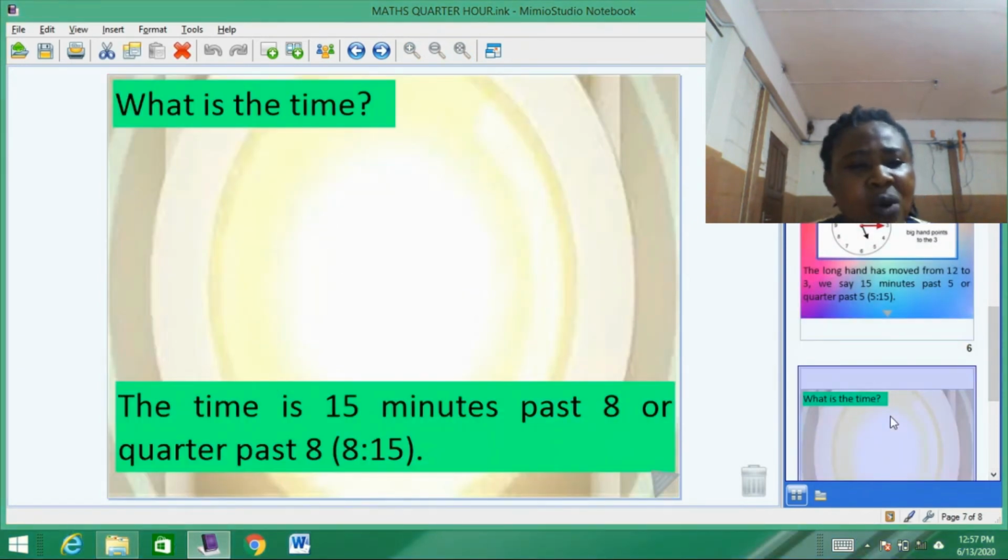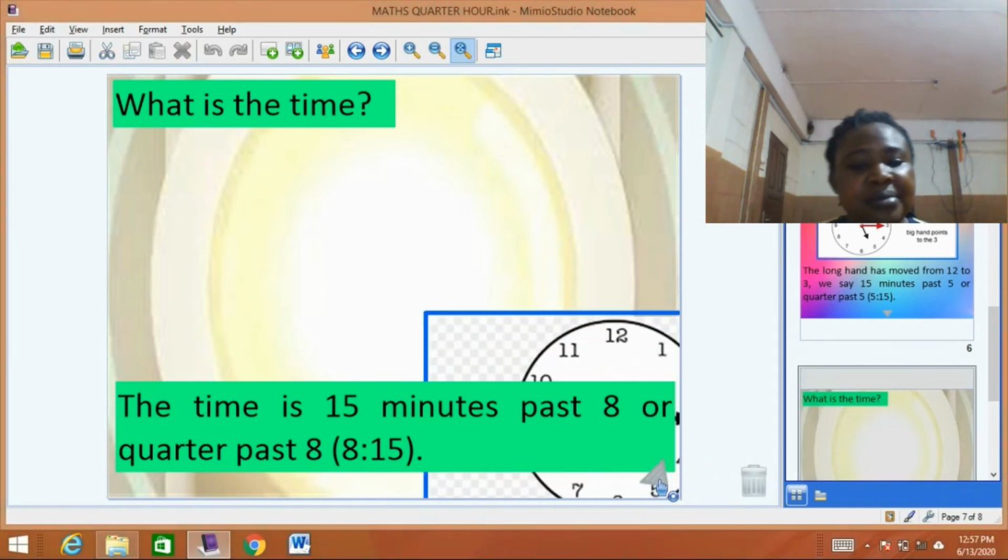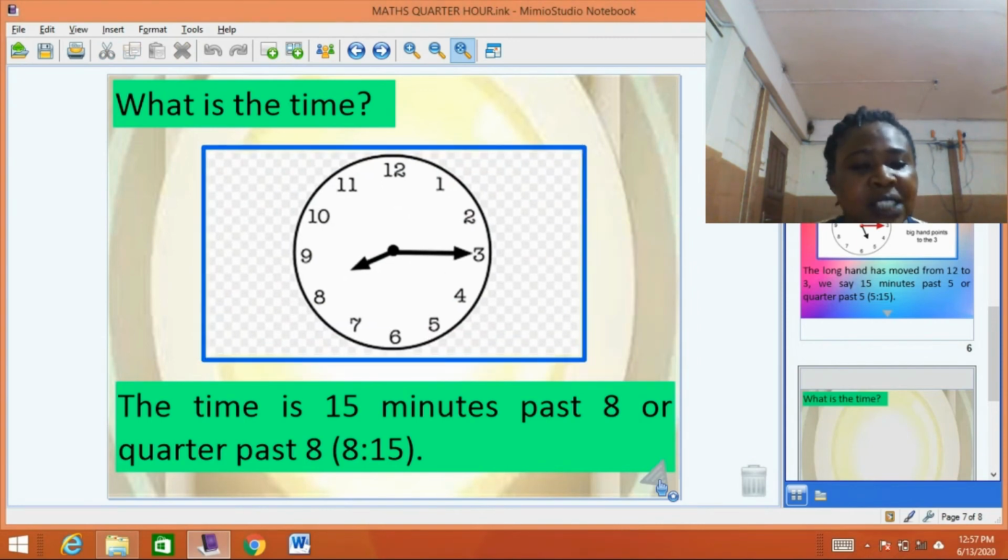Yes, I want us to do this exercise together. What is the time? Now, the shorthand is pointing at 8, a little bit past 8, but the longhand, which is the minute hand, is pointing directly at 3.